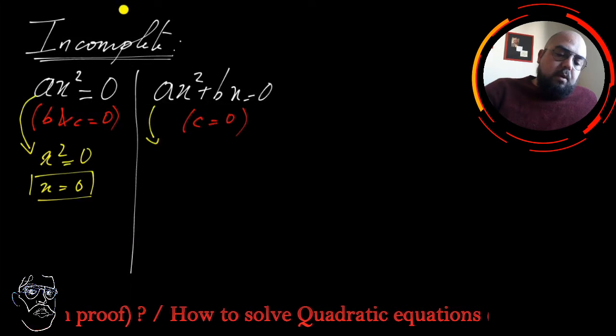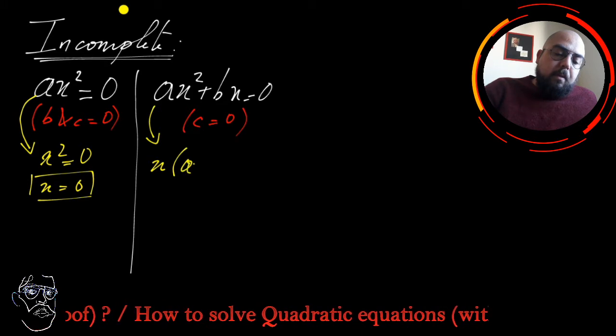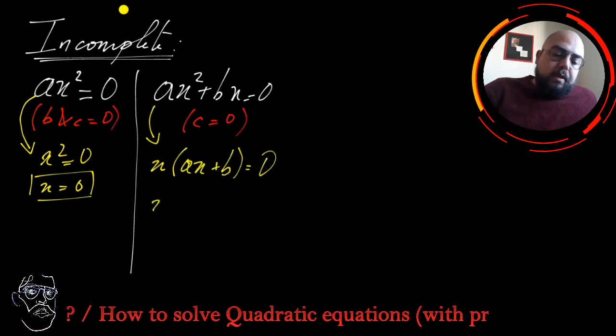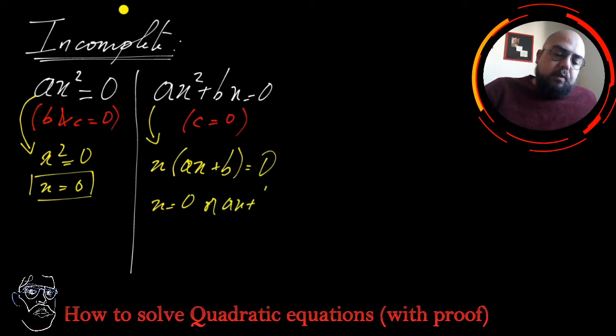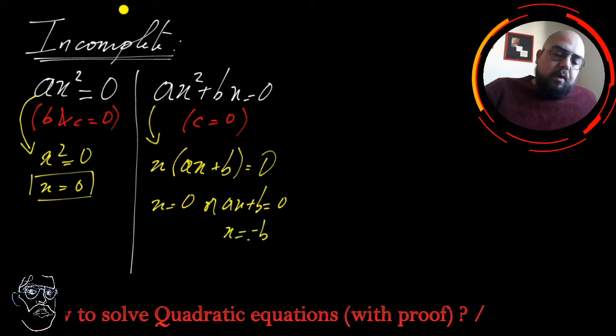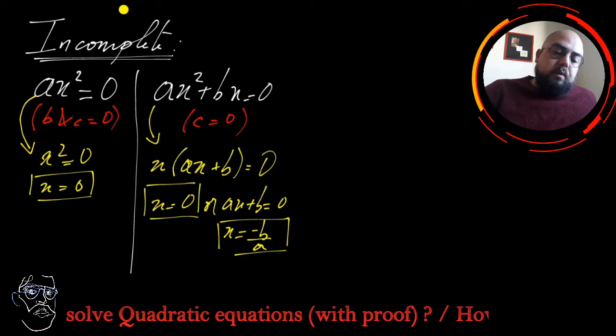Again, simple. You have x as a common factor, so whatever remains is ax plus b, which is equal to 0. So x is equal to 0, or ax plus b is equal to 0, so x is equal to minus b over a. So you have these two roots.